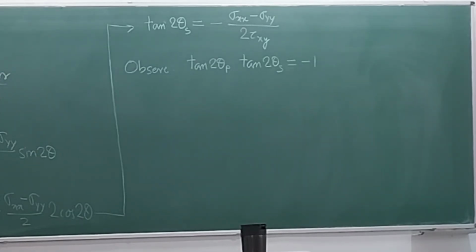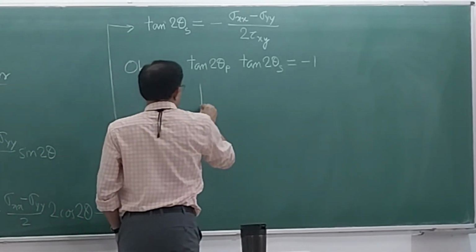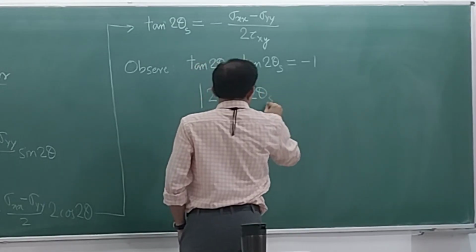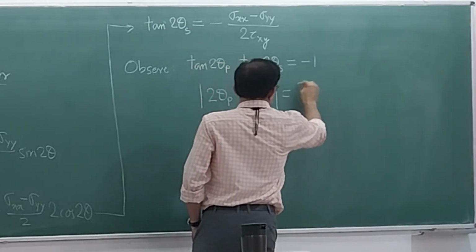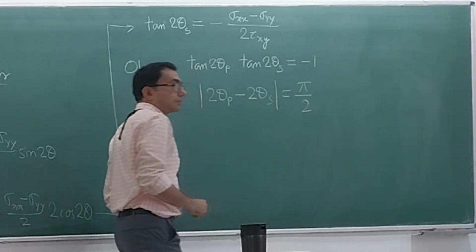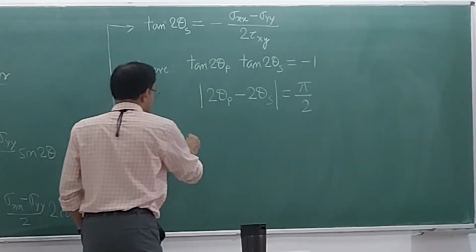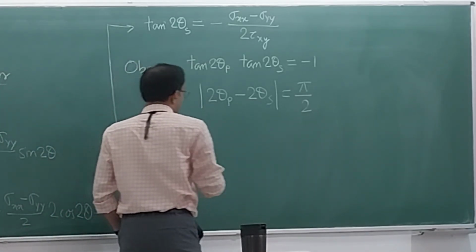Which means that there is a difference of angle pi by 2 between the twice theta P and the twice theta S. All right, which means in terms of the actual angle, the theta P and the theta S, there is a difference in angle of 45 degrees.